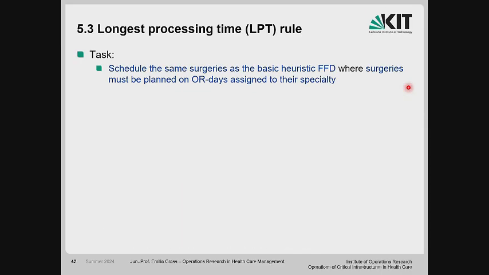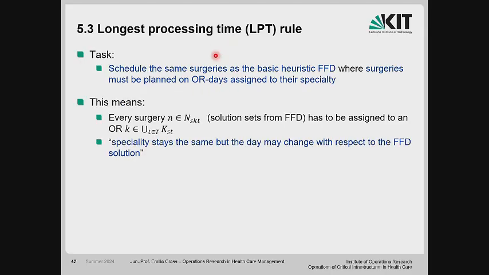So let's try another heuristic. What about using the longest processing times first? The task remains basically the same. We schedule the same surgeries as the basic heuristic, and we also must plan the surgeries for the same specialty, but we can use other operating room days.